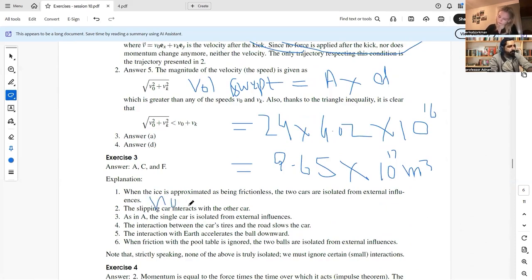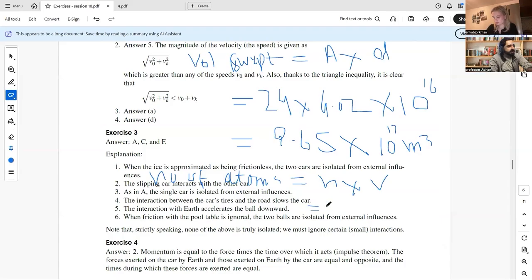So number of atoms is equal to n multiplied by volume V that we have calculated. n is 10 to the power 6 multiplied by volume 9.65 cross 10 to the power 17. That will result in 9.65 cross 10 to the power 23.